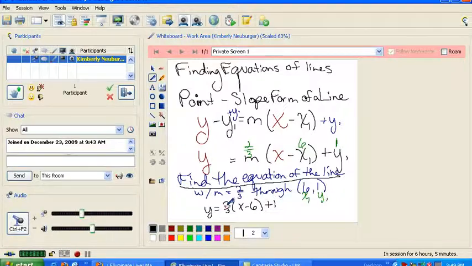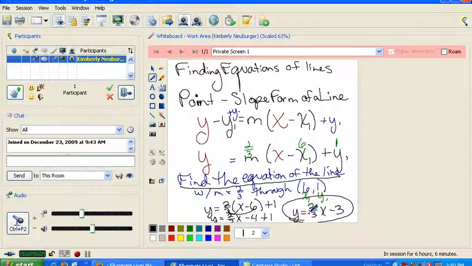Now all we have to do is distribute our 2/3, and we get y equals 2/3 x, and then 2/3 times this is -4 plus 1. Combine the -4 and the 1, and you end up with y equals 2/3 x minus 3. And this is your equation of your line in slope-intercept form.